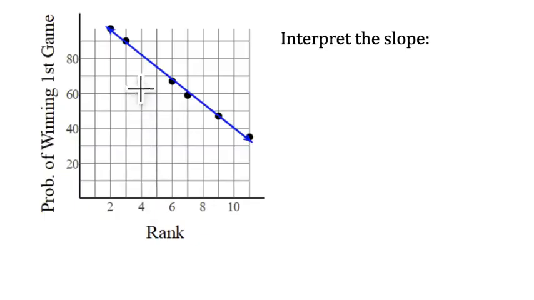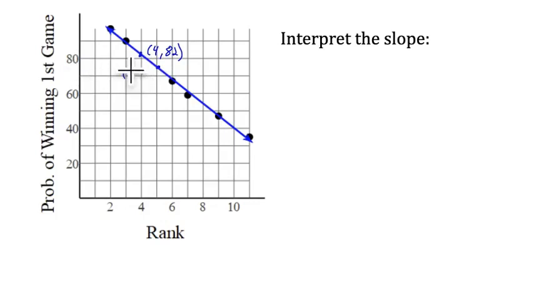The 4th ranked team has a probability of winning of about 82%. So that's the point (4, 82). And the 5th ranked team has an estimated probability of winning of 75%.